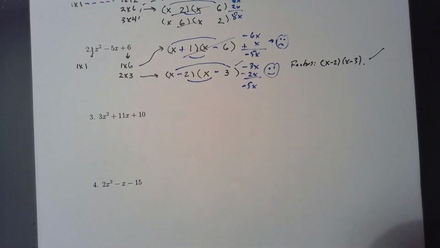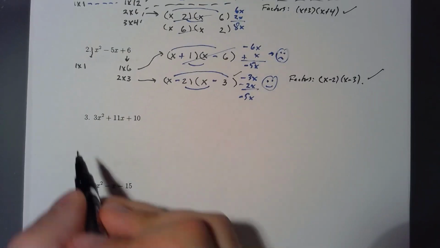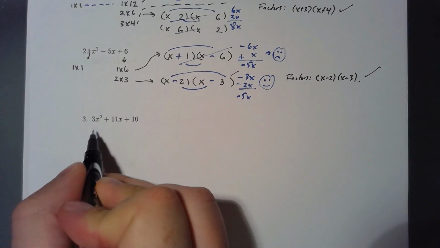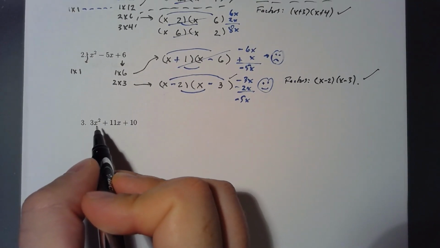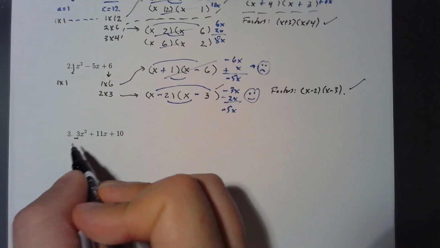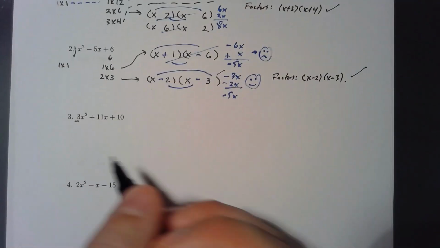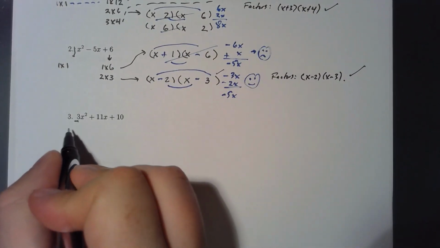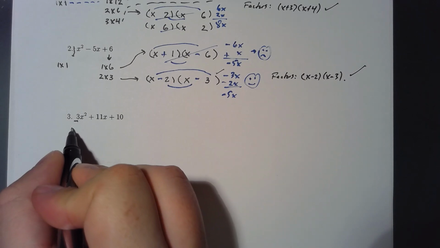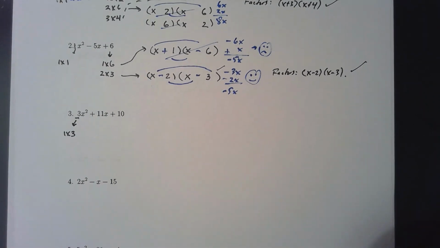Now, if you look at the next few cases, what's my leading coefficient here? My leading coefficient here is not 1, it's 3. So when I factor this, I'm going to have to write 2 pairs for each case. Alright, let's start from the beginning. What are the factors of 3? 1 times 3, right?